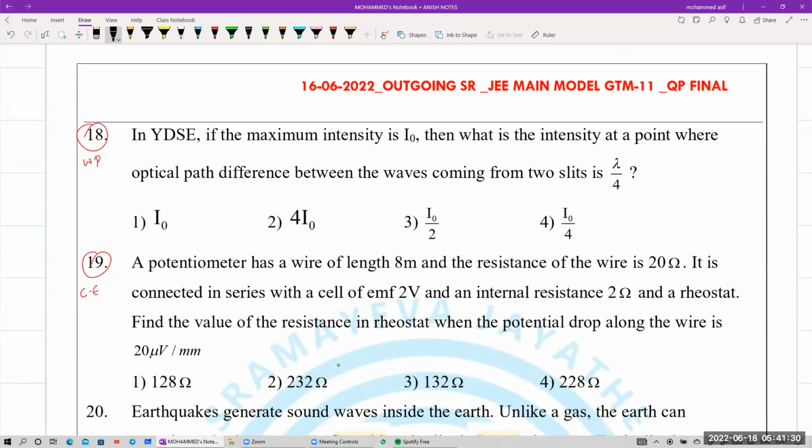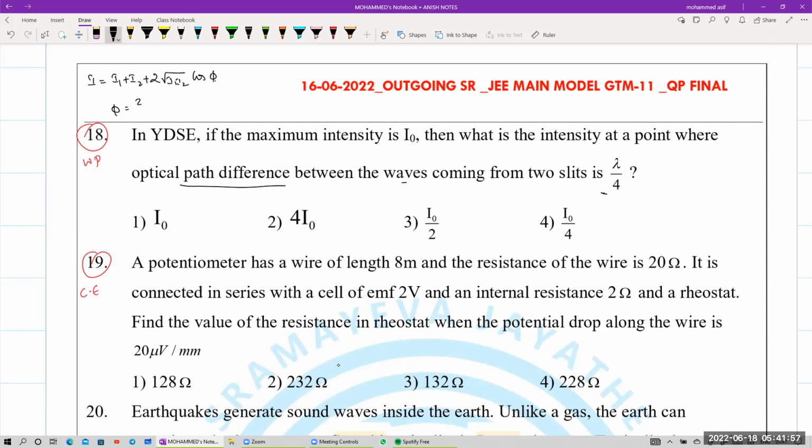In YDSE, if the maximum intensity is I naught, then what is the intensity at a point where the optical path difference between the waves coming from the two slits is lambda by 4? Intensity formula: I is equal to I1 plus I2 plus 2 times root I1 I2 into cos phi.